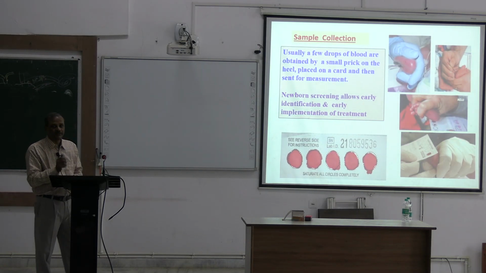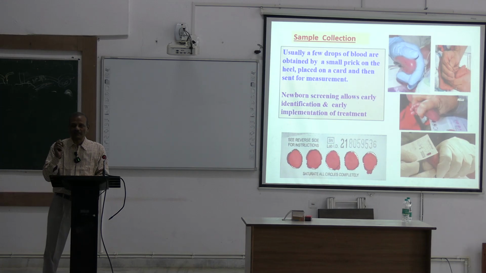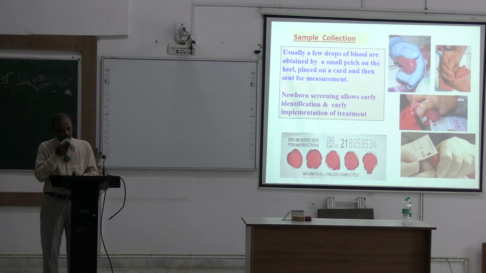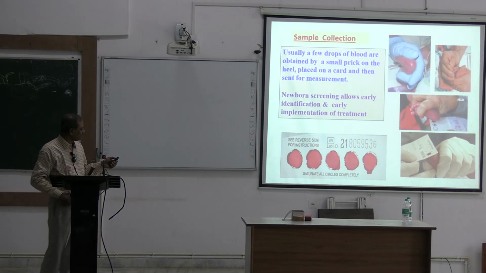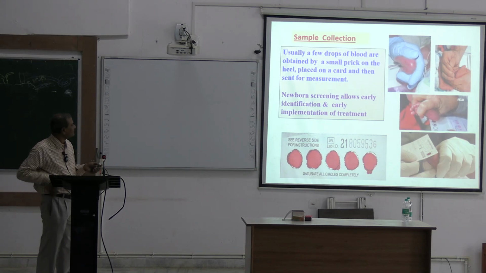Sample collection of blood from an adult can be done from a vein, but from a newborn baby, or a 2 to 3 year old baby, it is very difficult. So there is a standard technique, that is heel prick. This is how it is done.